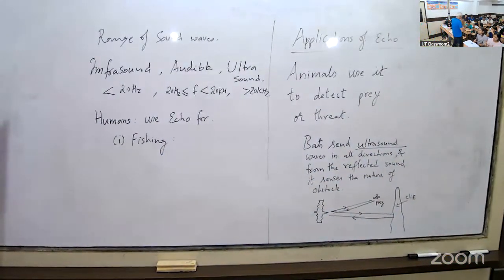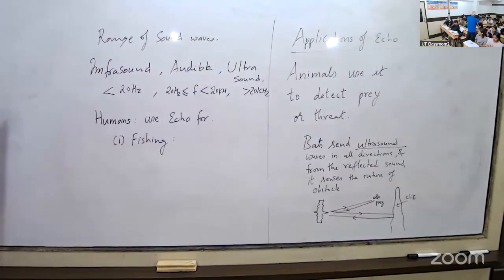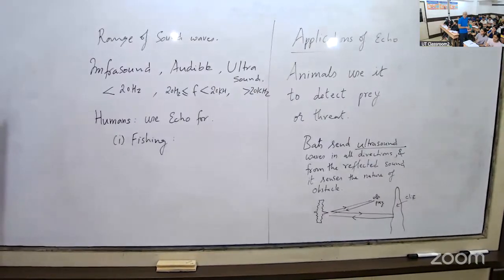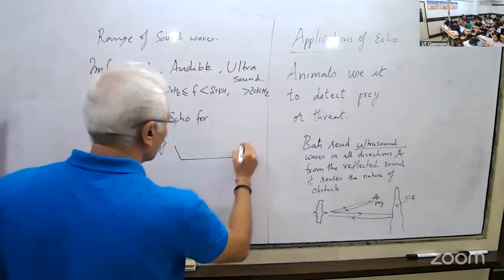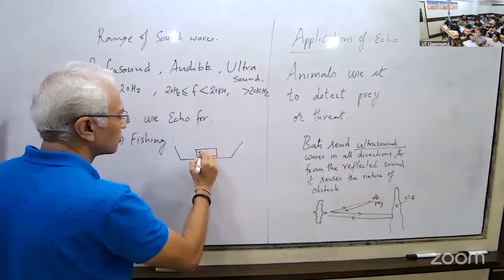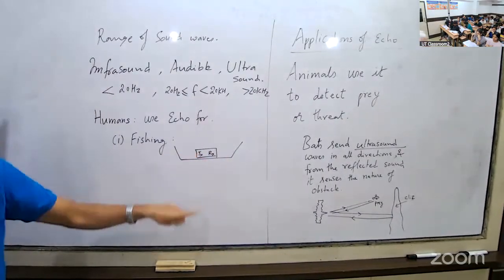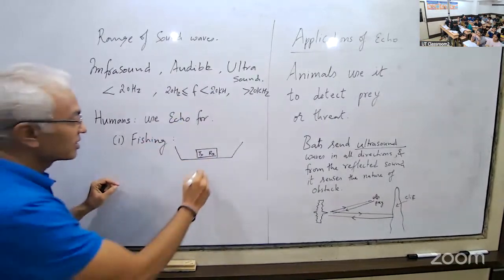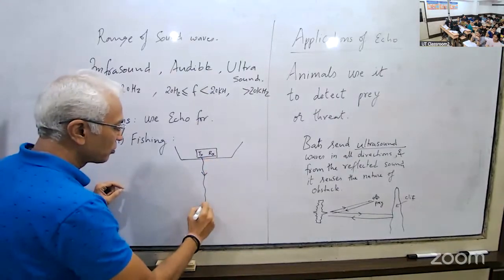When there is a fishing problem, how to identify where the fish is? So for that, let us say the fishing trawler goes. You have a machine which sends ultrasound waves and also receives them. By sending an ultrasound wave, let us say you have a constellation of fishes here.